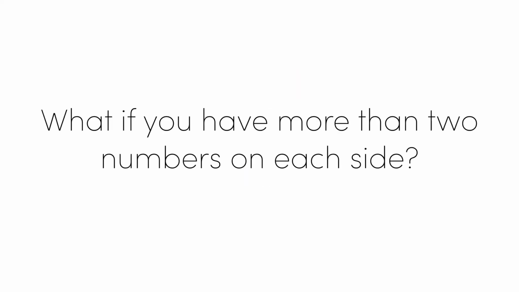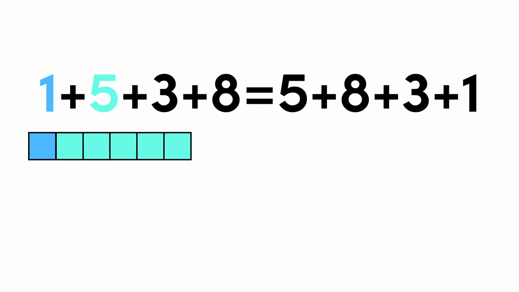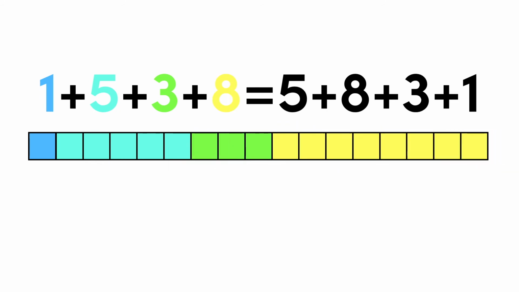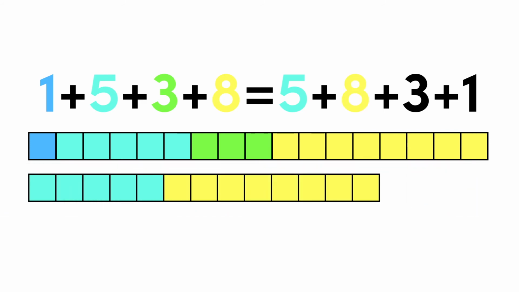But what if you have more than 2 numbers on each side? Let's try it. Here we have 1, so we add 1 box, and then 5, so we add 5 boxes, and then a 3, so we add 3 boxes, and then an 8, so we add 8 boxes. For the other side we have a 5, so we add 5 boxes, and we have an 8, so we add 8 boxes, and then 3, and then last 1 box.